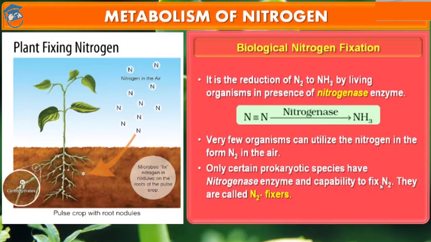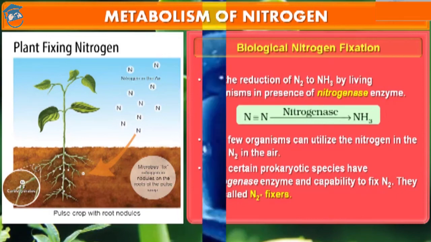Students, please note that nitrogen fixing microbes could be free living or symbiotic. Examples of free living nitrogen fixing aerobic microbes are Azotobacter, while Rhodospirillum is anaerobic and Bacillus is free living. In addition, a number of cyanobacteria such as Anabaena and Nostoc are also free living nitrogen fixers.